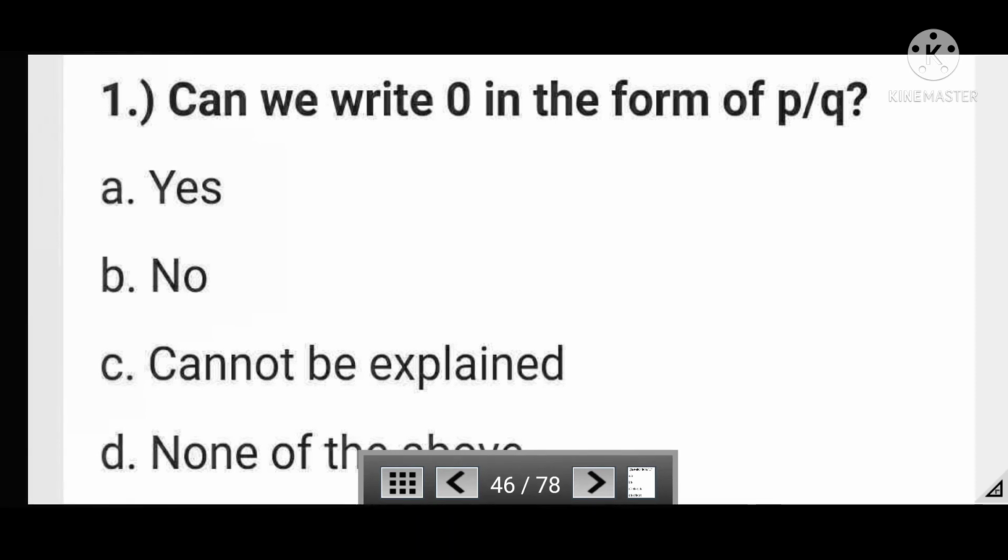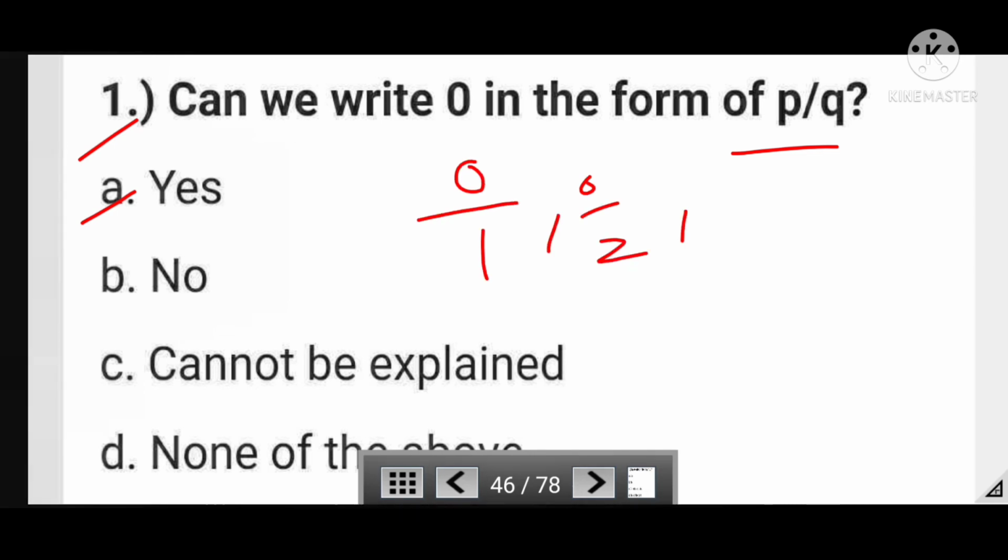Now let us solve some MCQs. First one is, can we write 0 in the form of p by q? And the answer is yes, because 0 is written as 0 by 1, 0 by 2 or 0 by 3, which is in the form of p by q. So the answer is yes.